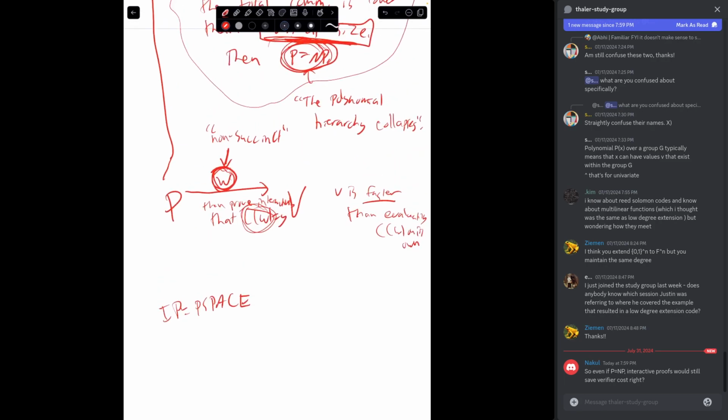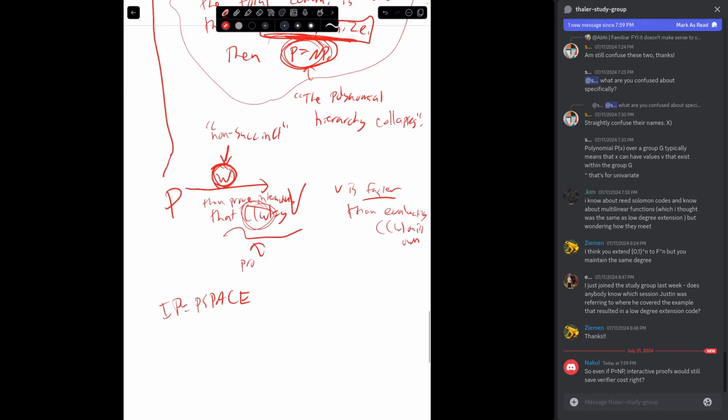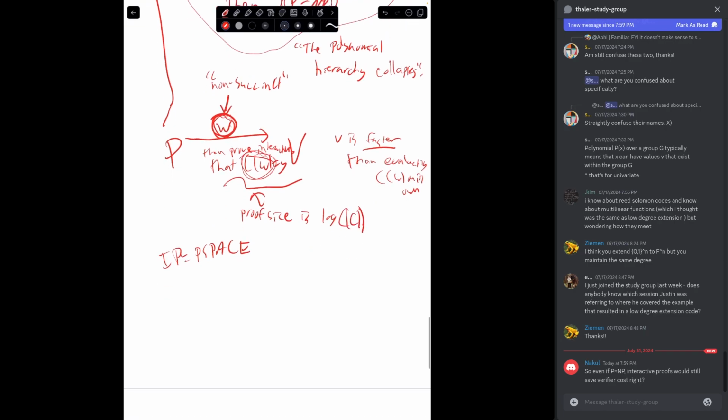So this proof would involve the proof size coming from some check that is logarithmic in the circuit size. Right, so the non-succinctness is coming in just because of the prover sending the witness to the verifier.